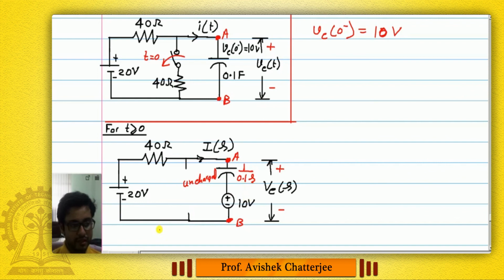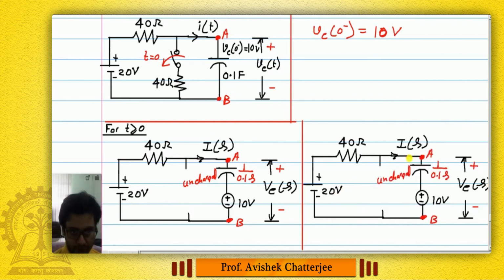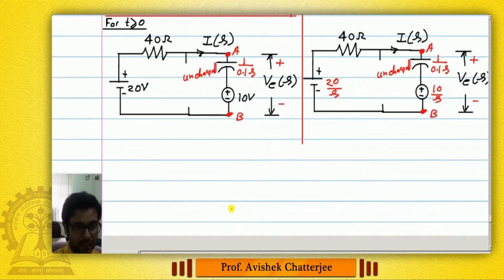Okay, and also I will replace these voltages with their Laplace transform. So I am drawing it again instead of erasing. So I will write here 20 by S and here 10 by S. That is the unilateral Laplace transform of 10. Now it is very easy to find VCS, this voltage.